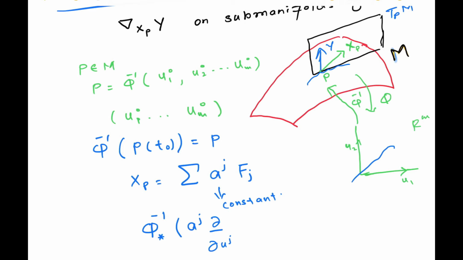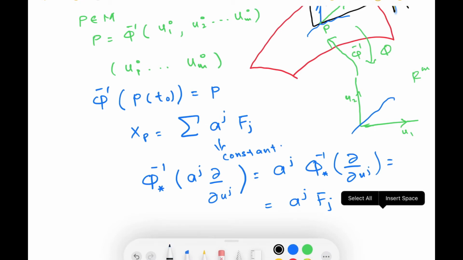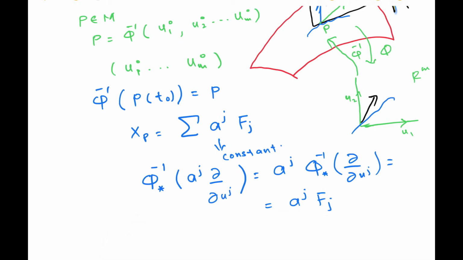And this will give me a_j, because this push forward is linear, so a_j will come outside, and this will give me, since they are diffeomorphic, X_p can also be written in this manner, because it is actually the same vector taken from this space.